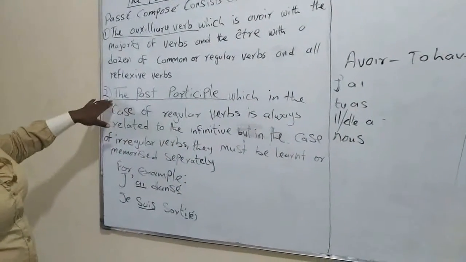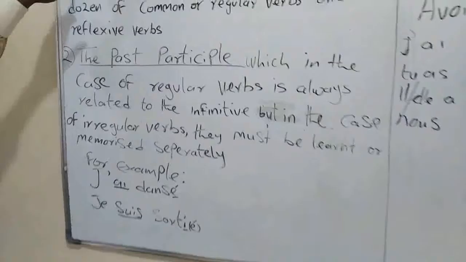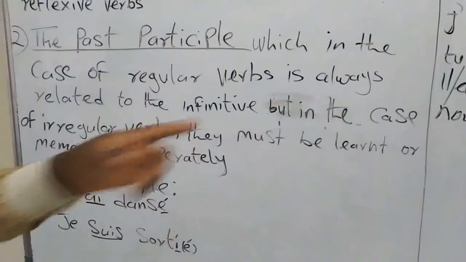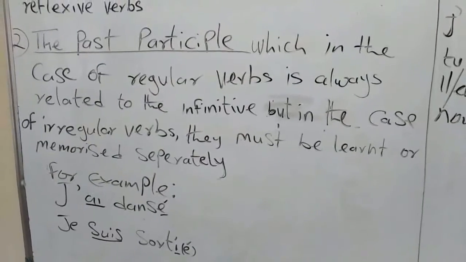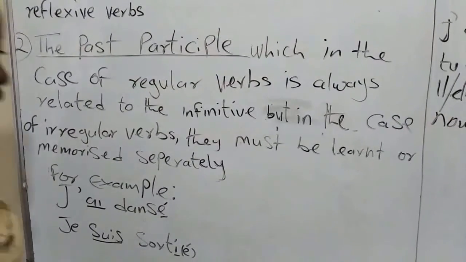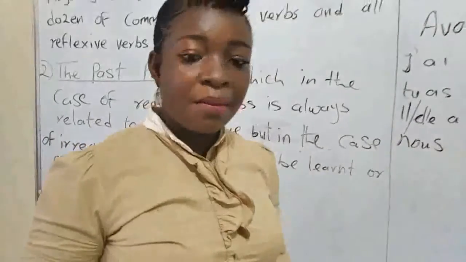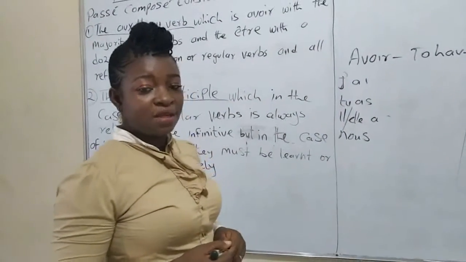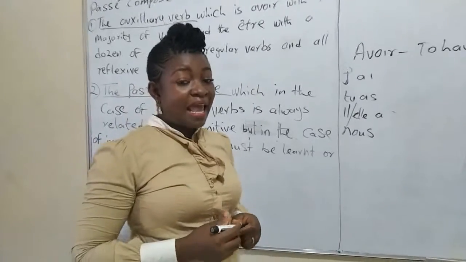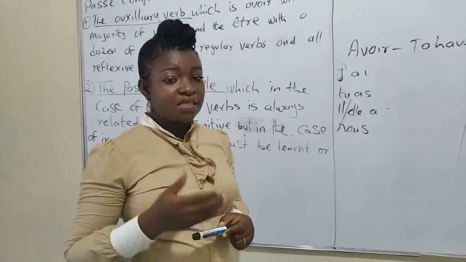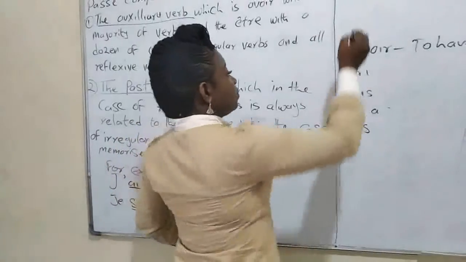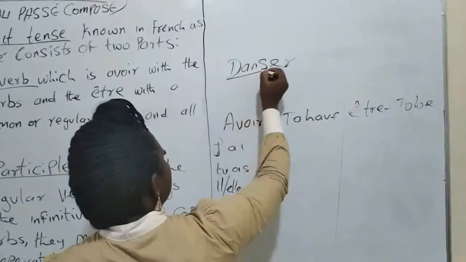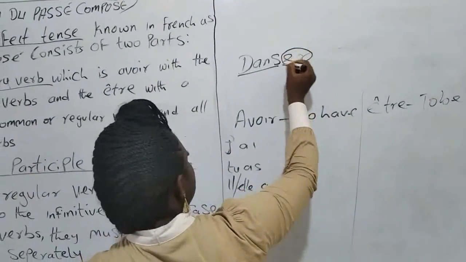Now the second part of this passé composé is the past participle, which in the case of regular verbs is always related to the infinitive. You remember one of the topics we treated before now, we said infinitive is the ending. So you can also say it's infinitive ending. Example, if you have a verb like danser, this is the stem and this is the infinitive.